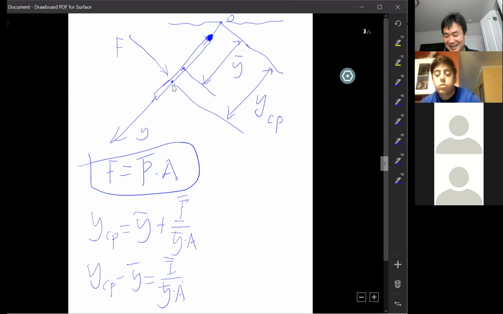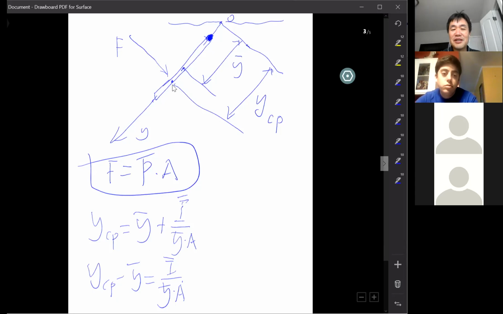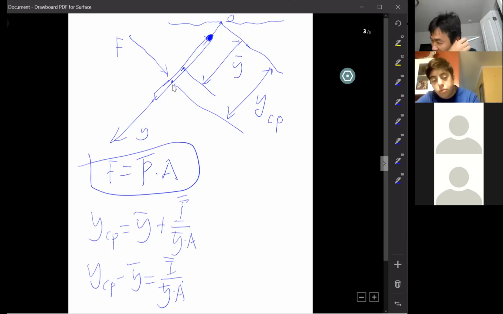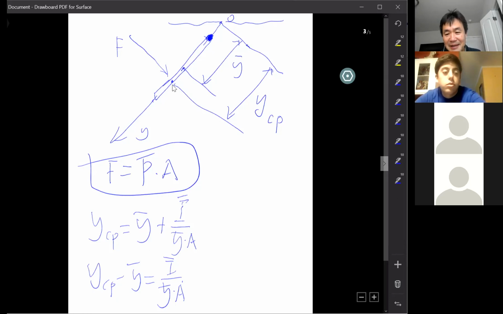What is the rotating moment? That will be this force times the arm length between where the force is and the hinge. Your rotating moment will be F times this length. But this length is not YCP, though it's related to YCP. It's YCP minus the distance between the hinge and the water surface. That's the arm distance.